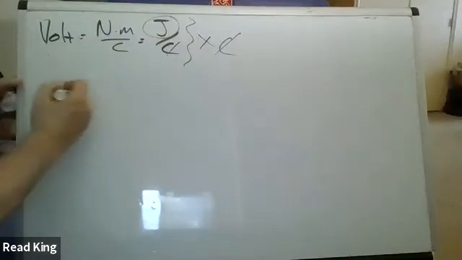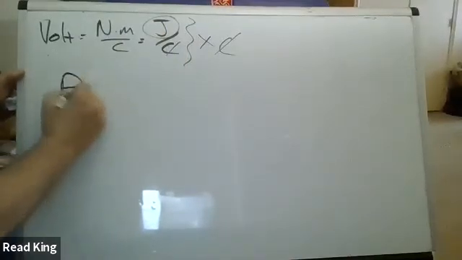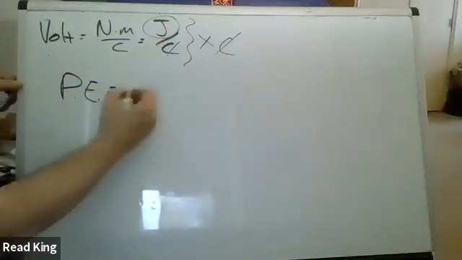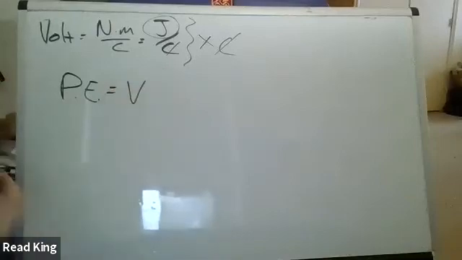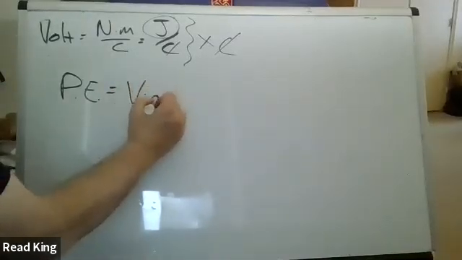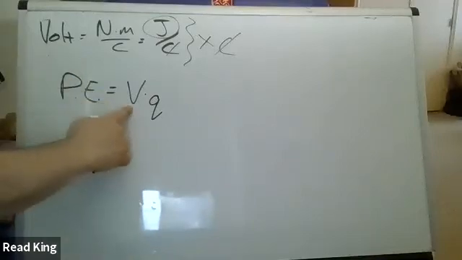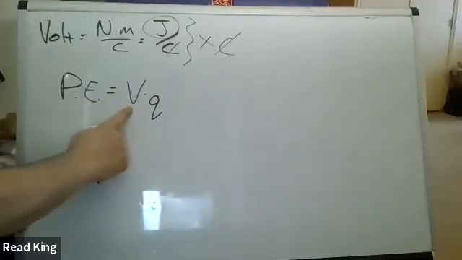All right. So our equation for electric potential energy is going to be this electric potential, which we measure in volts, times the charge, the little test charge, the little ball we roll up the hill. So electric potential, just the V, is telling us about the hill.